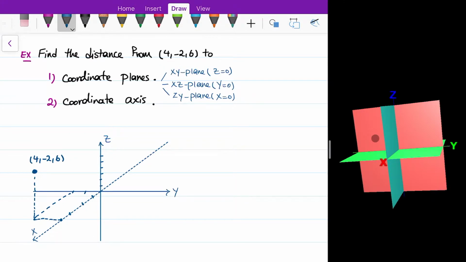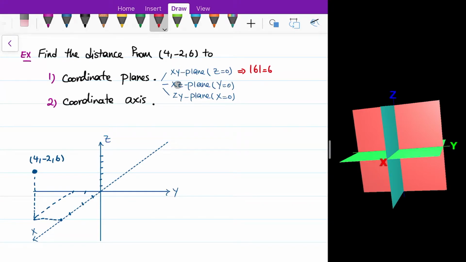So now the distance from the xy plane, as you see, is just basically its height. The distance is always positive. Therefore, if I want to find the distance to the xy plane, it would be the absolute value of the third coordinate, which is 6.